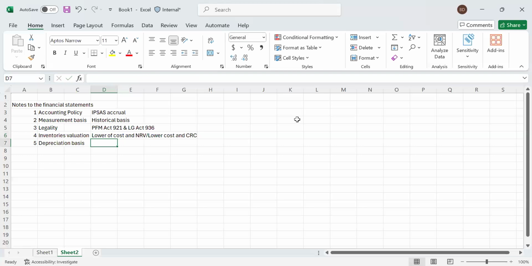So if the inventories will be at no fee, or they come free, or you don't need to pay for them, then they shall be valued at the lower of cost and current replacement cost. However, if the inventories will be sold at the end of the day, or if they come at a fee, then they must be valued at what? The lower of cost and net realizable value.